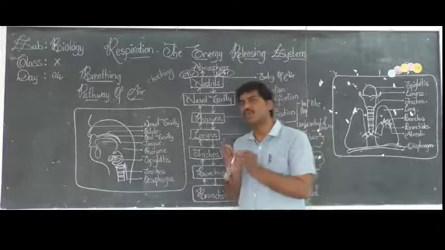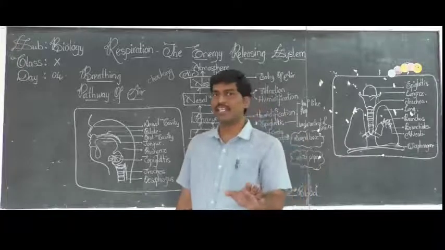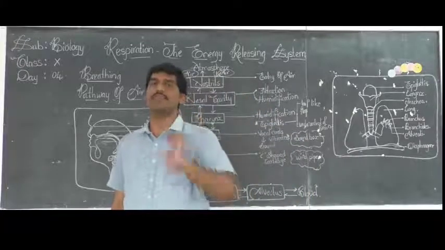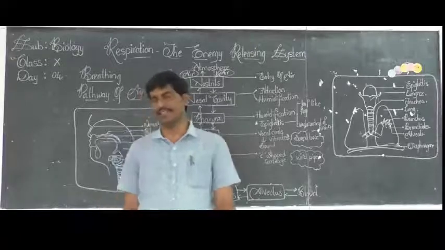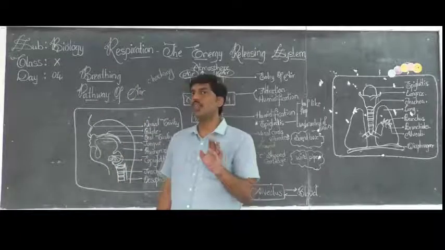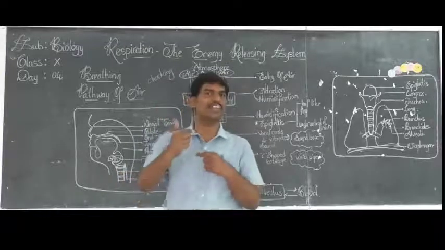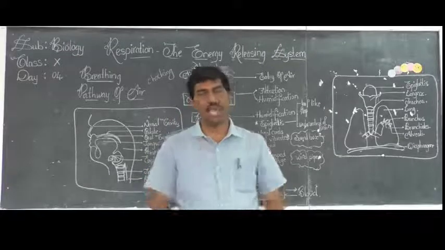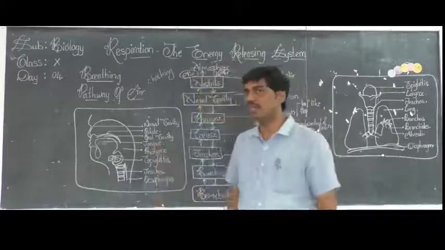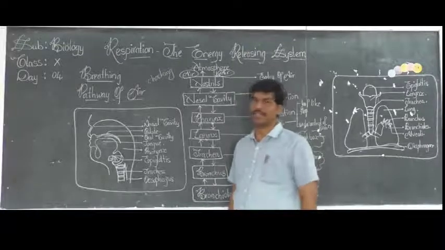Trachea is always open. It cannot be closed. If the trachea collapsed, you can't imagine your life, because there would be no exchange of gases. So the trachea should not collapse. But due to the differences in the pressure of air, what you are taking in and what you are giving out, the trachea may collapse.